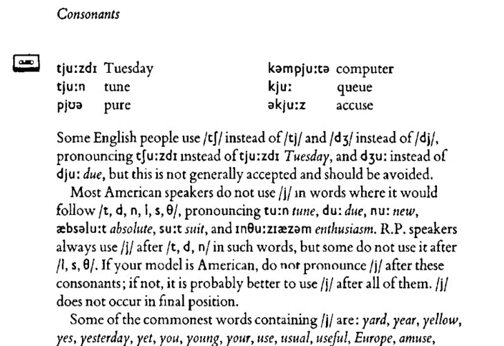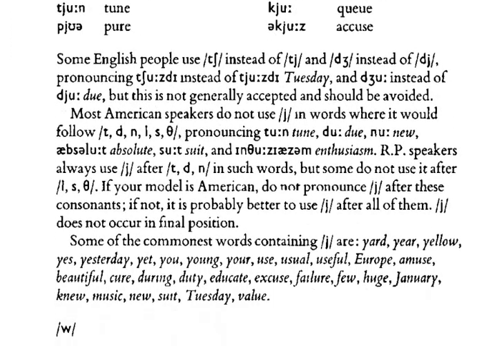Since our model is RP, the BBC pronunciation, I should pronounce ye after all of them, after l, s, th, d, and n. But sometimes I may hear some speakers who do not pronounce it after them. Anyhow, ye can occur in initial and medial position, but it can never occur in final position.